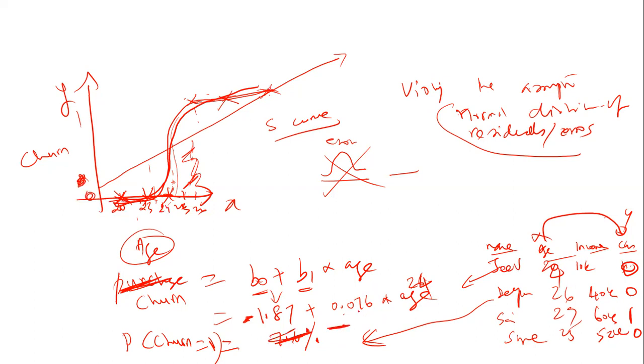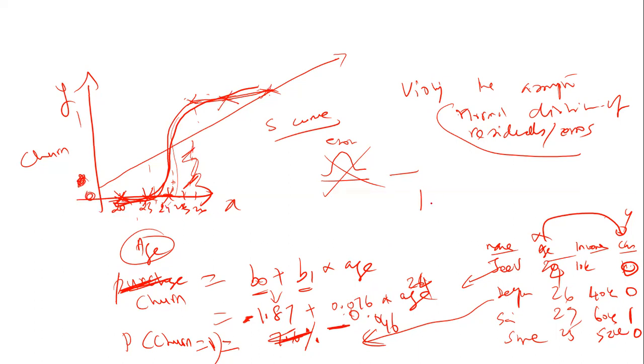Negative 0.046. This is the value you will get. Am I correct? 0.046 comes. So in this case, what happens? Negative value, negative 0.046. What is the rule for probability?